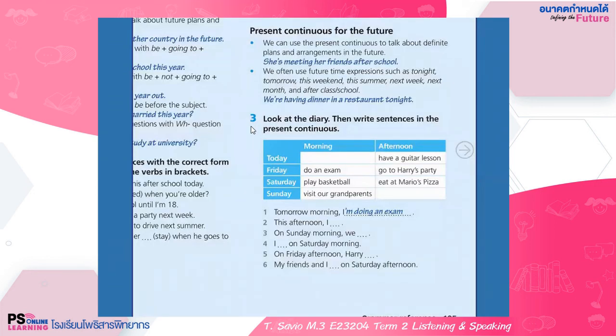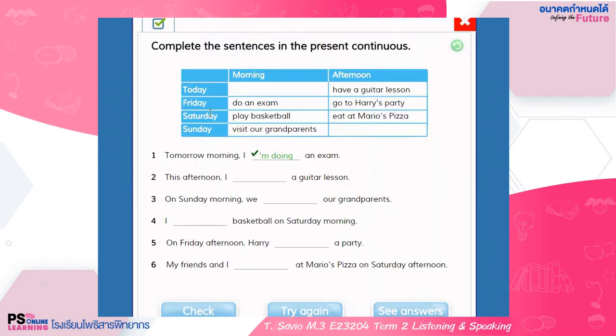Look at the diary, then write sentences in the present continuous. Today, Friday, Saturday, Sunday. And these are the activities in the morning. And these are the activities in the afternoon. Number 1. Tomorrow morning, I'm doing an exam.